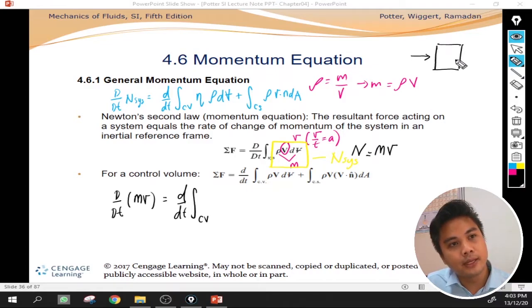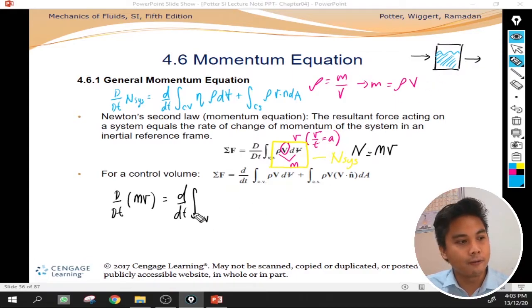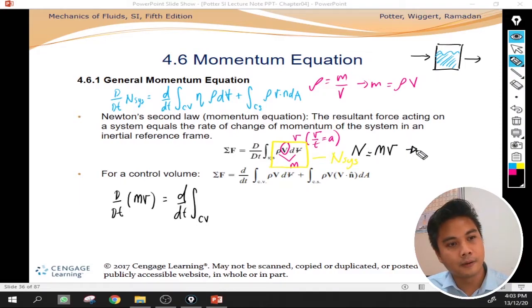There is flow in and flow out, and for example this water inside here is a control volume. So the rate of change of the extensive property inside the control volume, we refer to this first term.